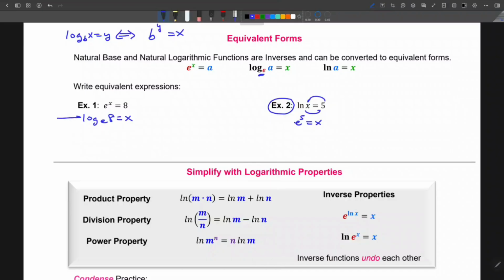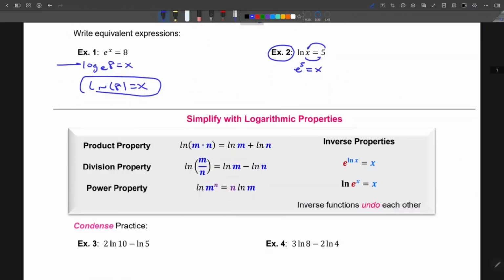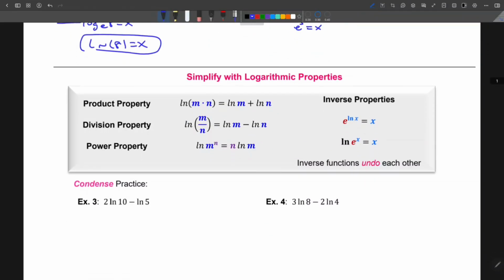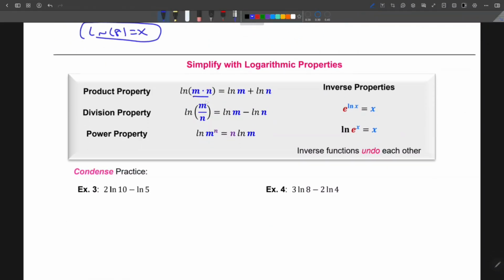But we don't want to leave it written like that. We're going to put this in that natural logarithm form. So natural log of 8 is equal to x, and that's going to be our final answer. I want to stay with that natural logarithm versus log base e. And we've talked about these properties.